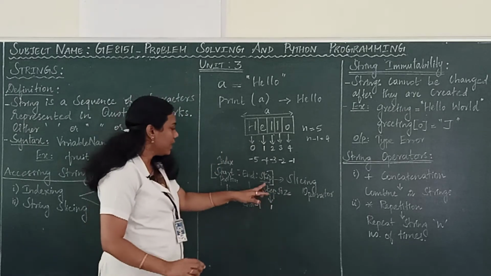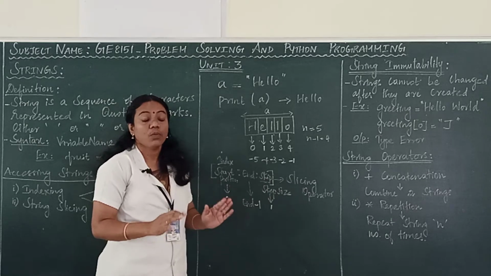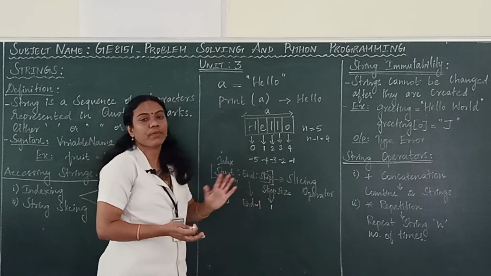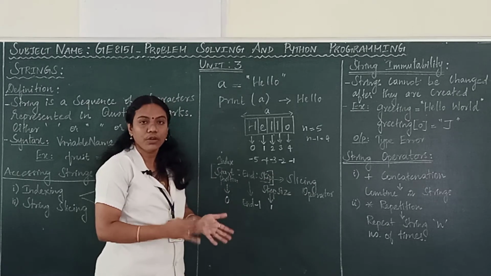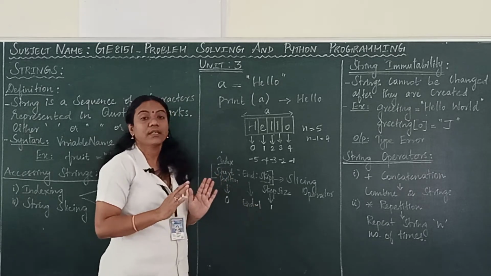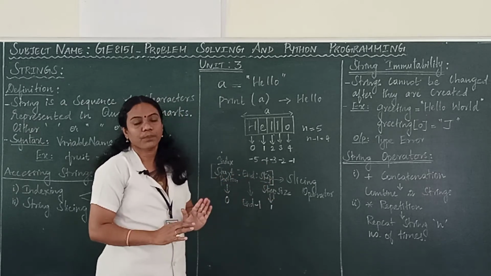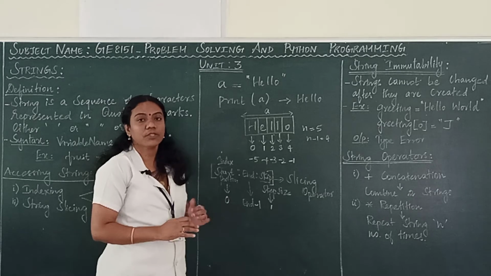The third value is optional. Optional means that if there is a need, you can provide a skip value. Otherwise, if you do not provide the value, the statement is still syntactically correct. It will not show any error if you miss the skip value, so the third value is termed optional.